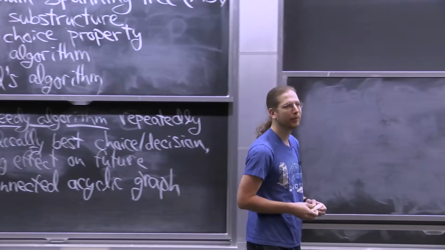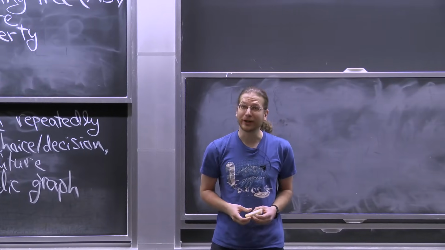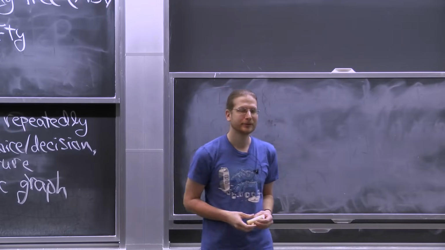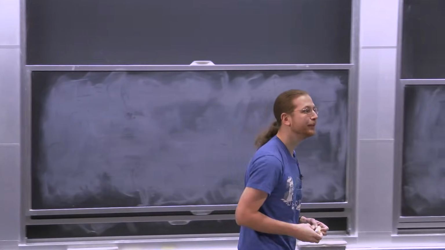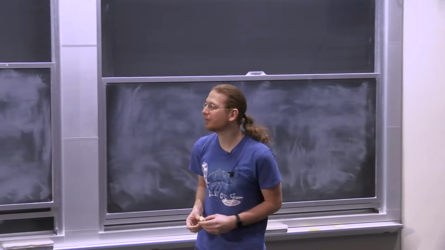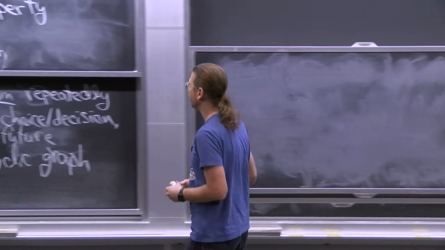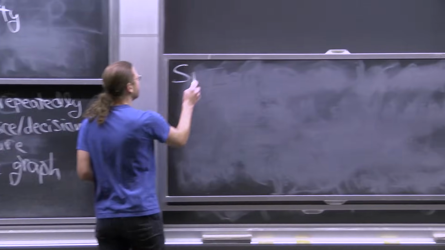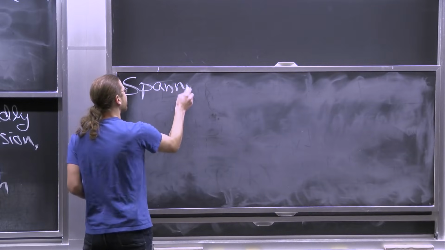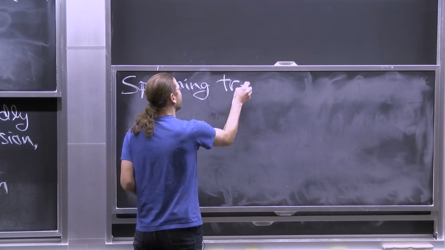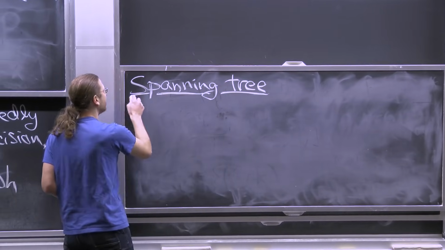Okay, so how about a spanning tree? Sorry? Contains all the vertices, yep. So let me go over here. Spanning means it contains all the vertices.